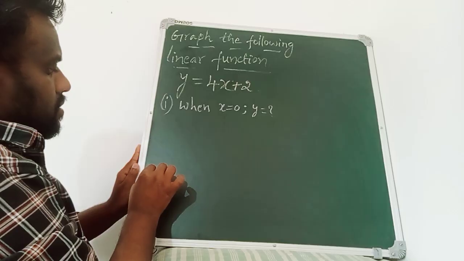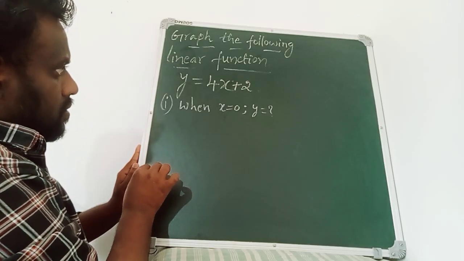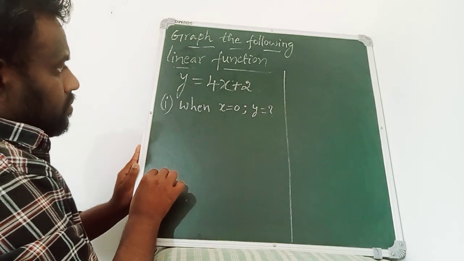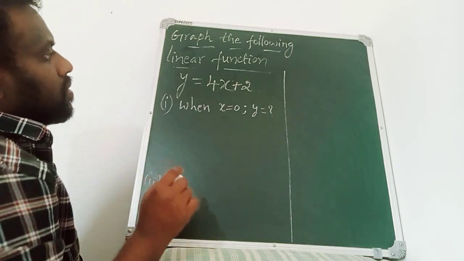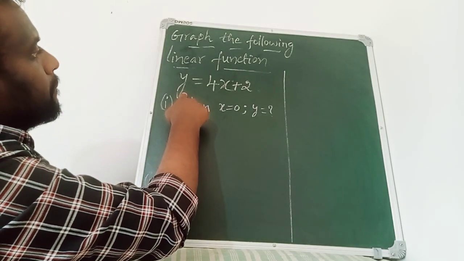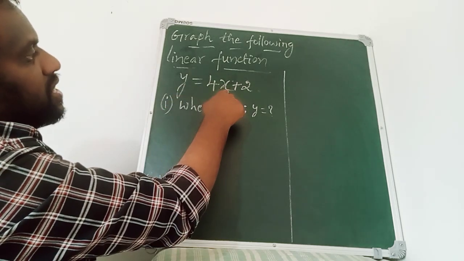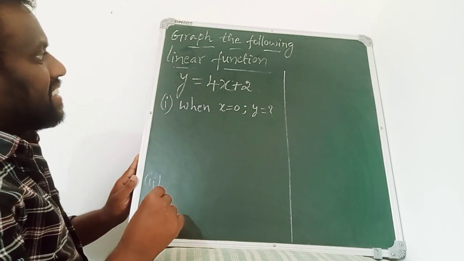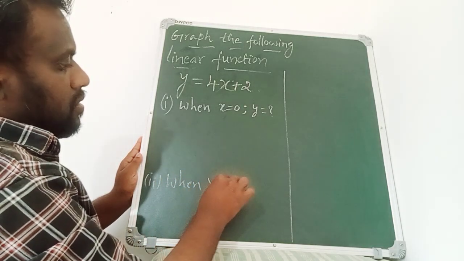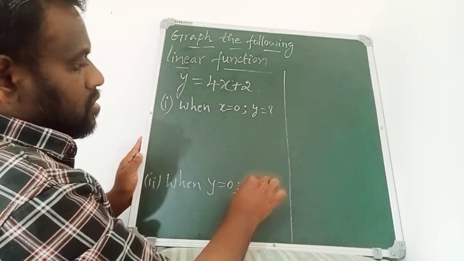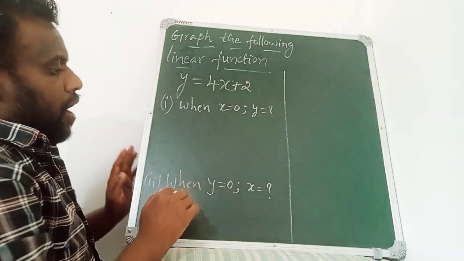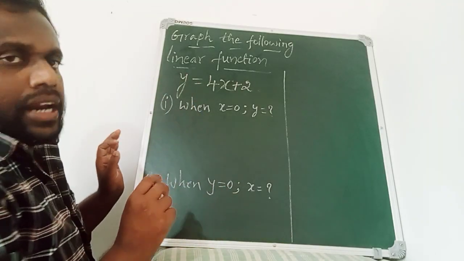Second case, when y is equal to 0, what is x? That you have to find. When y is equal to 0, x is equal to what? So these 2 points we have to find for linear function for graphing.